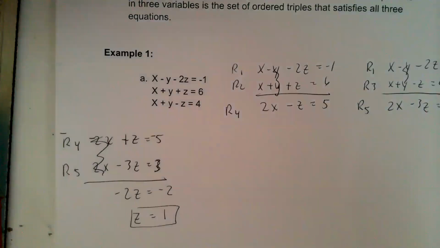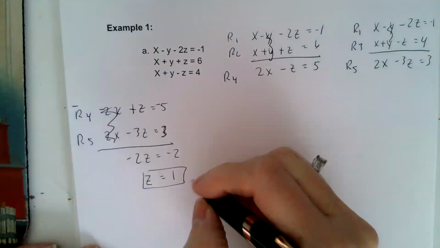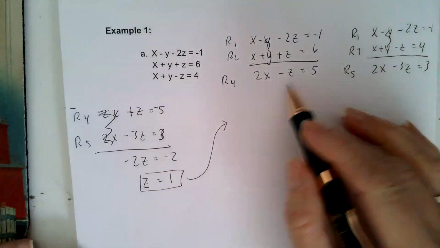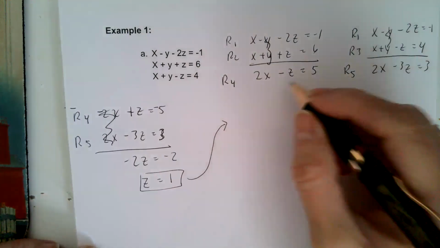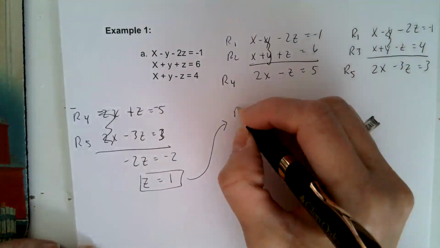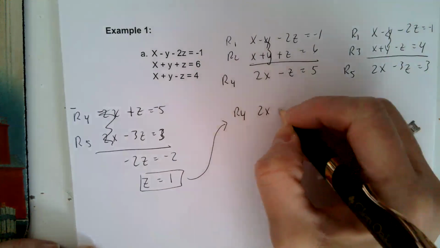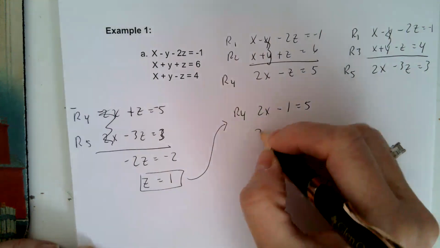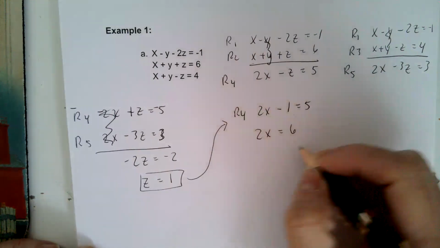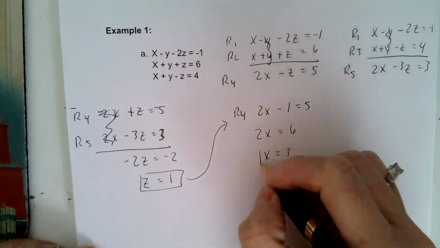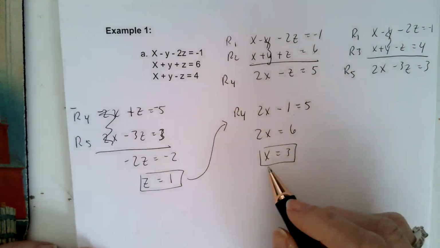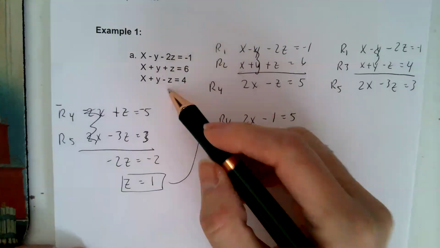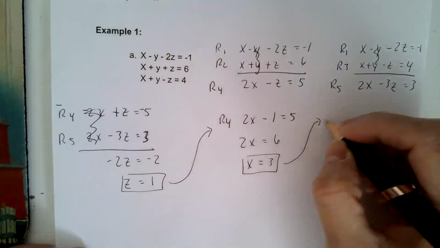Then we take z equals 1 and put it back into either row 4 or row 5 to solve for x. I'm going to choose row 4. I put 1 in for z. So x equals 3. Now I know that x equals 3 and z equals 1, and I can put that back into rows 1, 2, or 3. I'm going to put that into row 1.